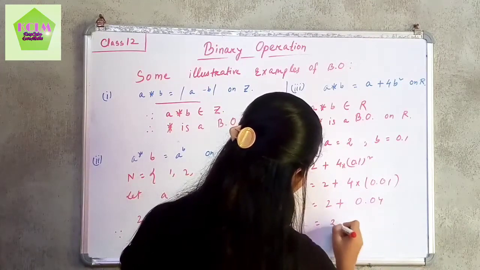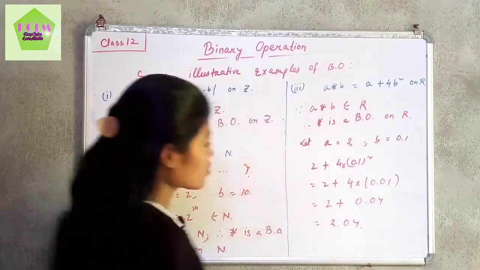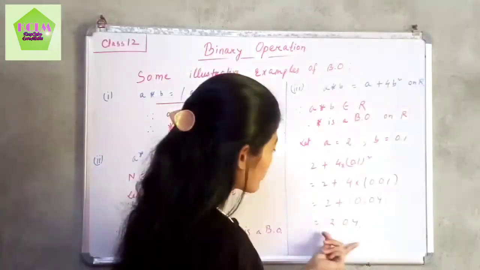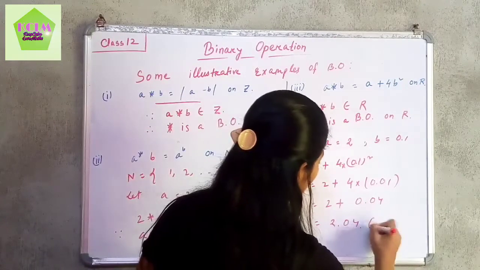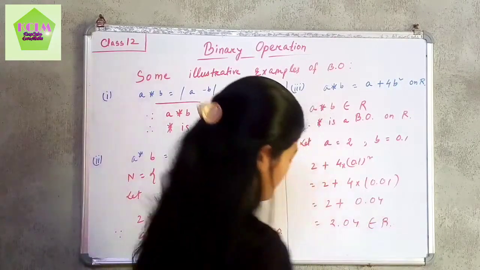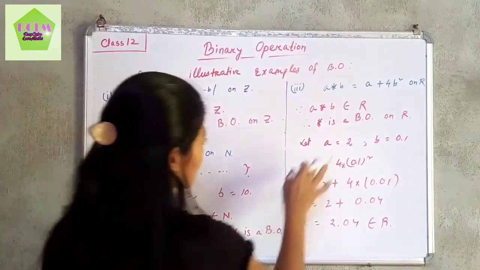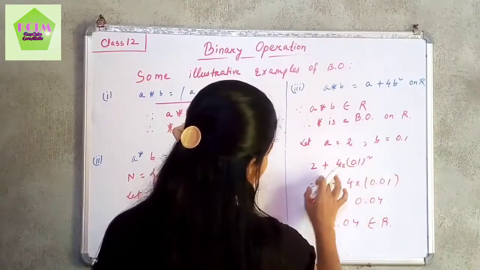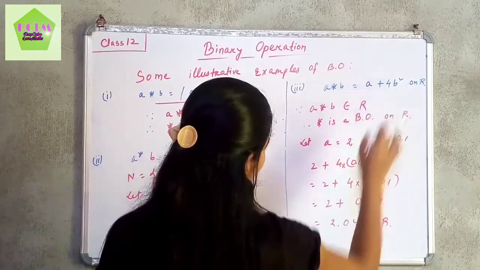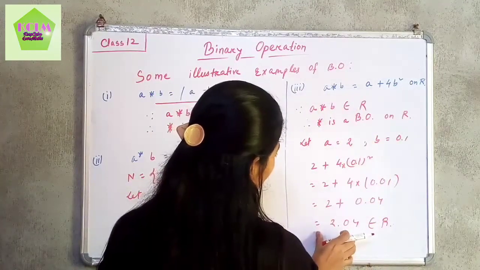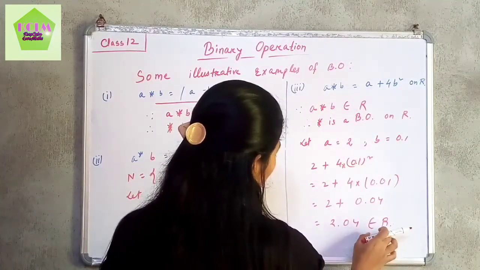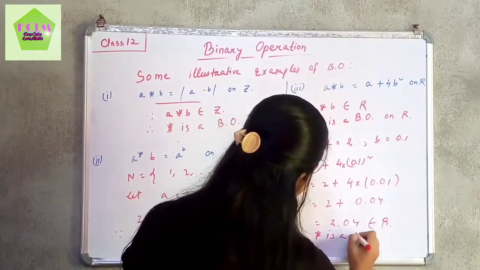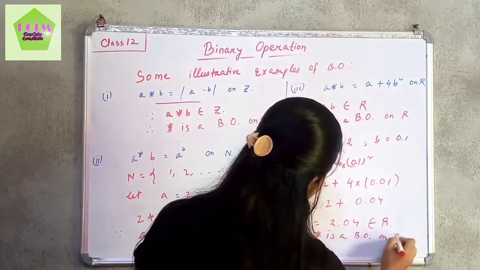And finally 2.04. So since we know about real numbers, we can say that this is a real number. For two elements 2 and 0.1, we get a result as defined above, again a number which belongs to the real numbers. Therefore, star is a binary operation on R.